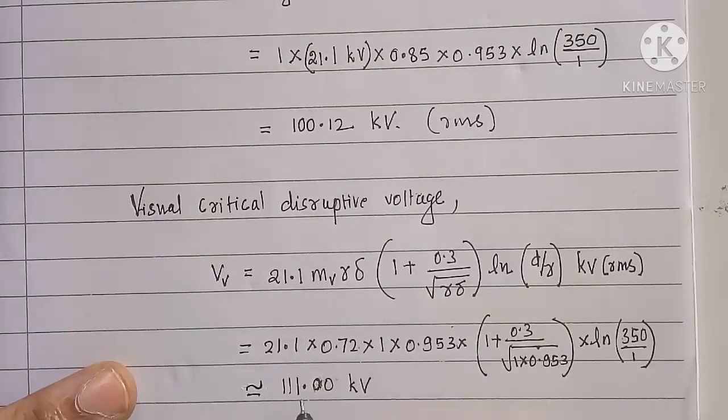On simplifying, we get VV is equal to 111 kilovolt approximately.